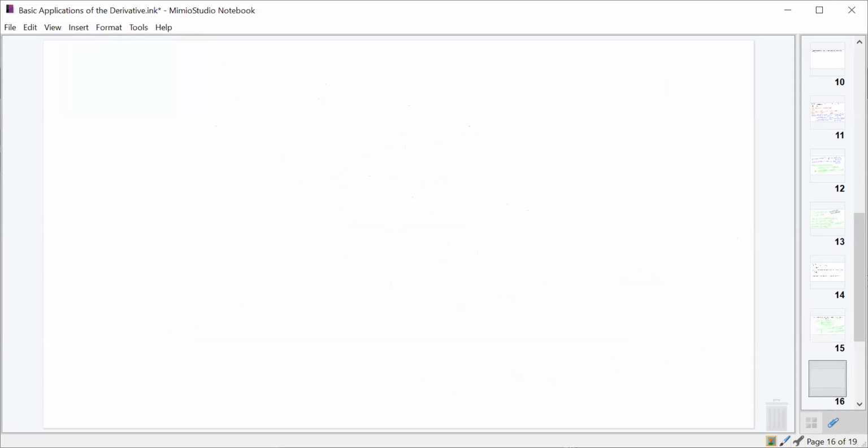So from what I've seen from the old AP test, Nick, on the ones that are talking about motion, they don't seem to care if you do brackets or parentheses. So use the brackets to be safe probably, but I've seen them give points for either one on motion problems.